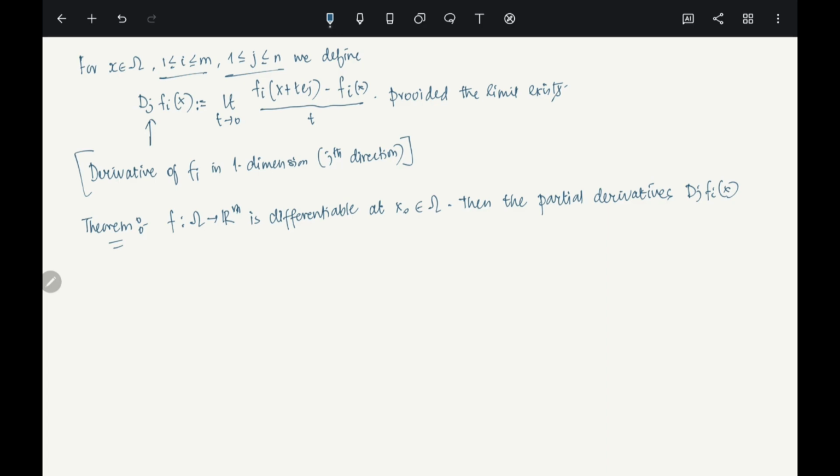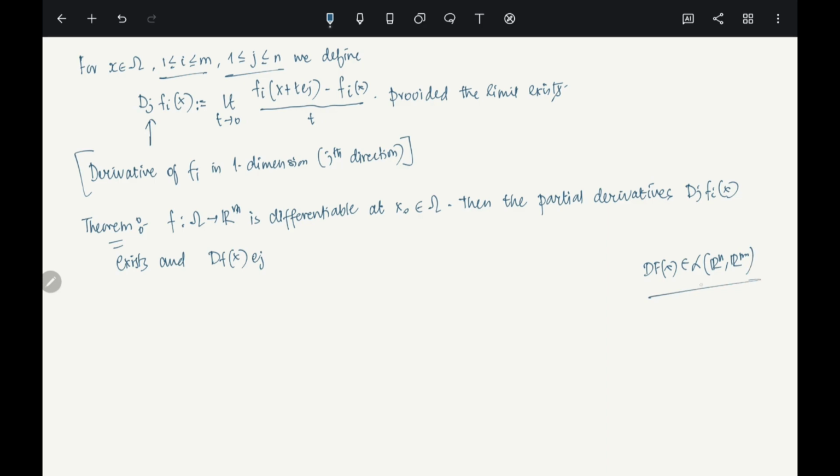So this partial derivative exists, and this is very important: what happens is df(x) acting at ej. Please remember, df(x) is an element of L(Rn, Rm), so this is a linear map from Rn to Rm.